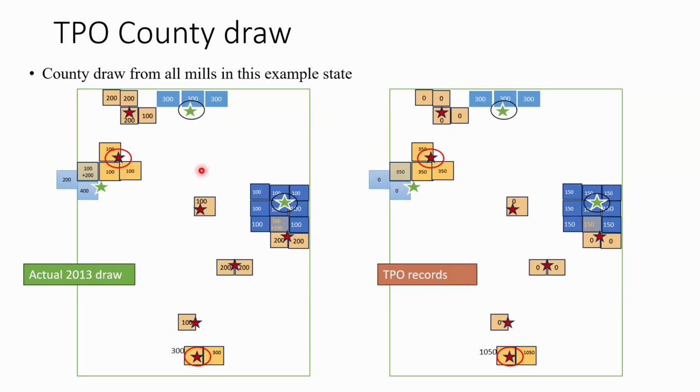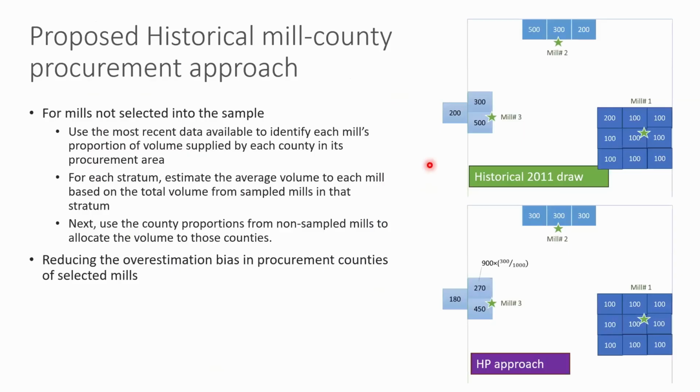The county procuring from more than 2 strata can be less biased, as they can balance out between selected and non-selected mills, but they can also be worse if both of them get selected or both of them don't get selected. Then we explore the proposed historical mill county procurement approach for the mill that is not selected into the sample.